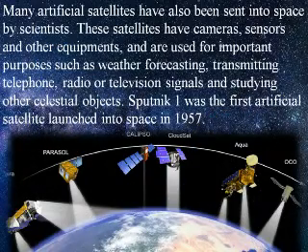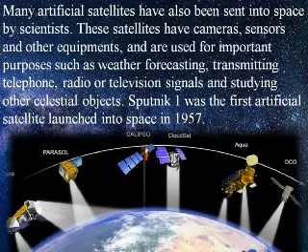Many artificial satellites have also been sent into space by scientists. These satellites have cameras, sensors and other equipment and are used for important purposes such as weather forecasting, transmitting telephone, radio or television signals and studying other celestial objects.